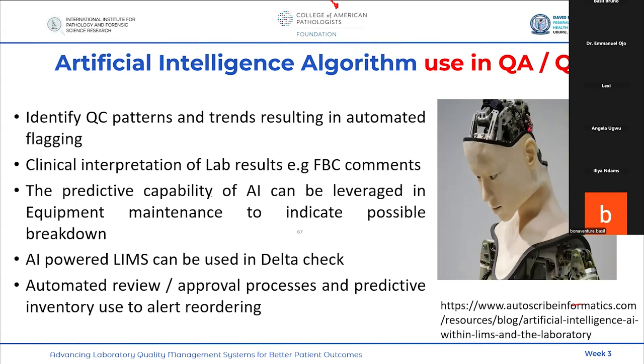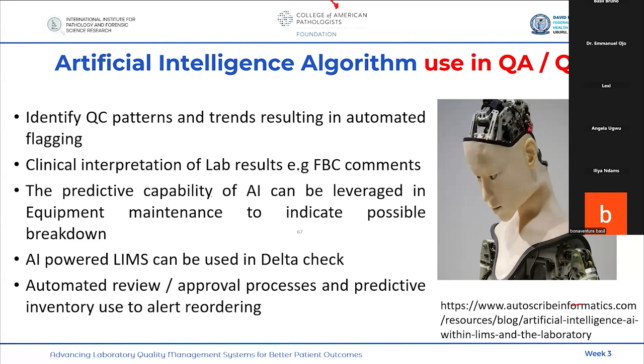And then it can prevent automatic shutdown, because there will have been prior warning that, based on the data that is generated, especially for equipment that has some background checks, something that is not necessarily showing that there's a problem by looking at it, but by comparing trends of what has happened in the past, the program can indicate possible breakdown. And then this can make you say, let's quickly do preventive maintenance so that there will be no shutdown of the system.